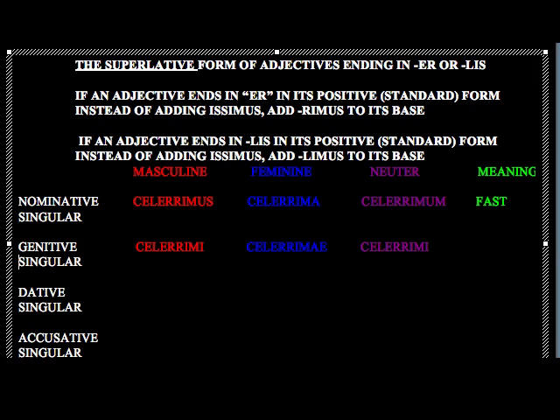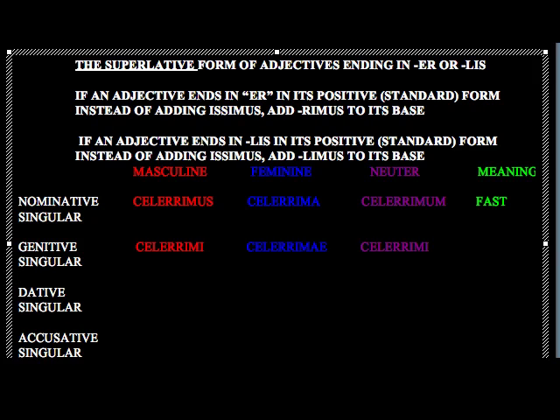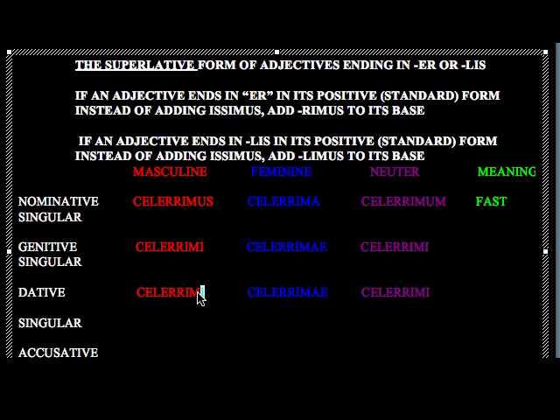And then, of course, the dative would be celerrimo, celerrimae, celerrimo, etc. And I'm not going to go through all of these forms again, but hopefully you see that the pattern in terms of case endings is the same. The only difference is the errimus instead of the issimus.